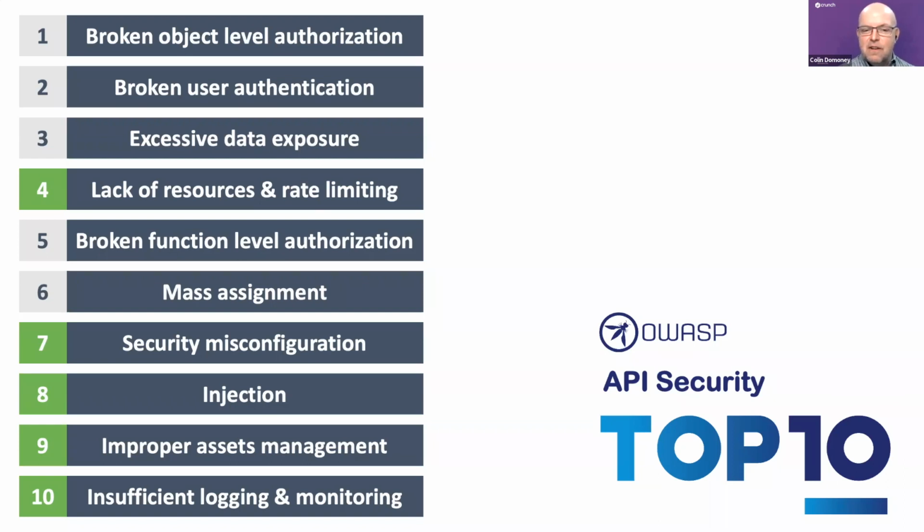The challenge of trying to secure what you don't know and what you do know. I think that's something people battle with. Yeah, absolutely. Security misconfiguration is a nasty one. That's interesting. Mine is number 4. I like the lack of resources and rate limiting, because it's this undervalued thing, but we'll get to that in a lot of detail later on. It seems like people just brush it aside, like, yeah, denial of service, we know about that. But there's definitely a lot more to it, and that's exactly what we're going to dive into.